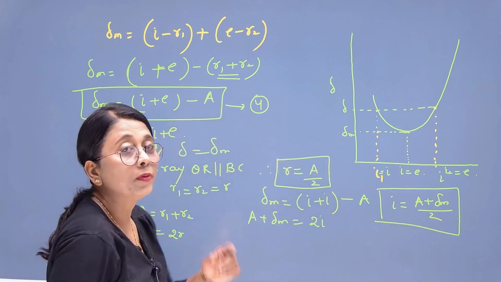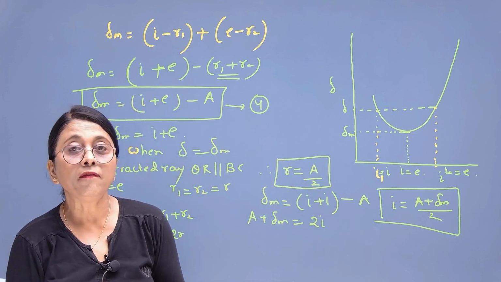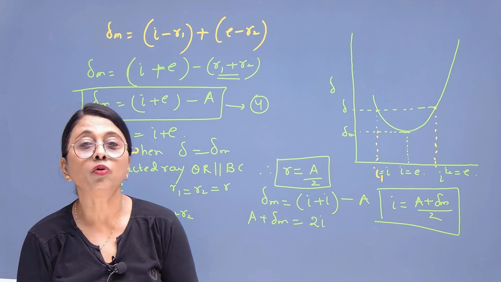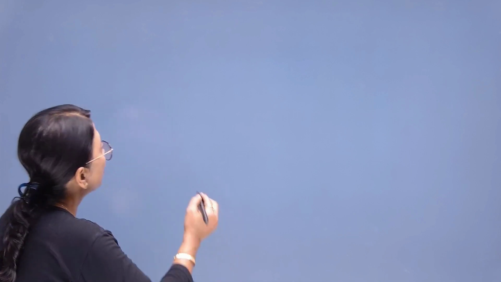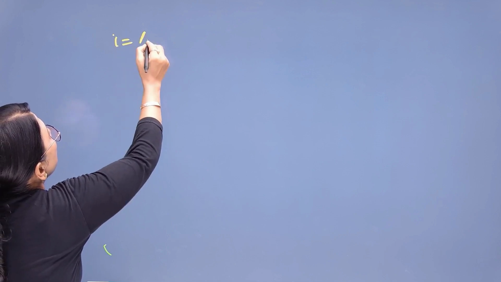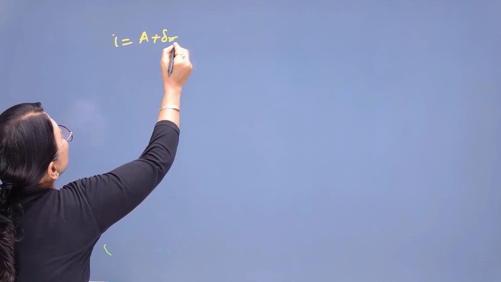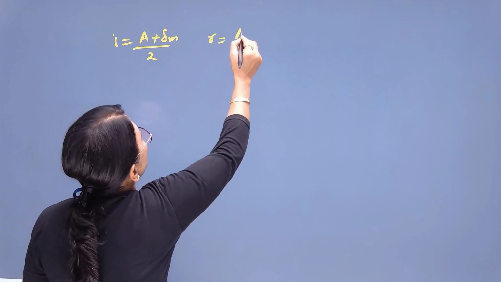और तुम सब बच्चों को पता है कि मुझे प्रिज्म फॉर्मूले में क्या चाहिए? The refractive index का expression. And all of you know the Snell's law, which I have already taught you. So we have got the angle of incidence and the angle of refraction. So we got this I as what? I was equal to A plus del M by 2. And the R is coming out as A by 2.